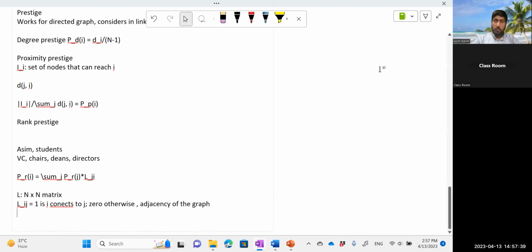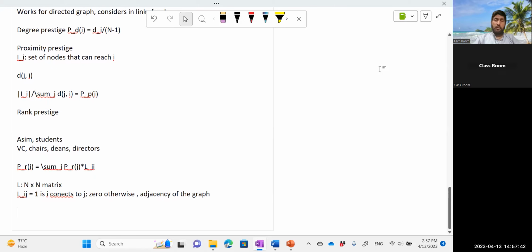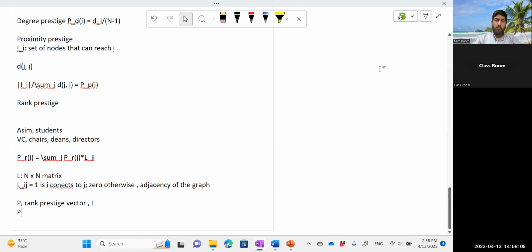So we can write this in matrix form. Let's say in matrix form I am simply calling the rank prestige P. Let's say this is the rank prestige vector, P. So L is the same adjacency matrix that I have. So I can now write this as P is equal to L transpose of P again. So P appears on both sides of this equation.